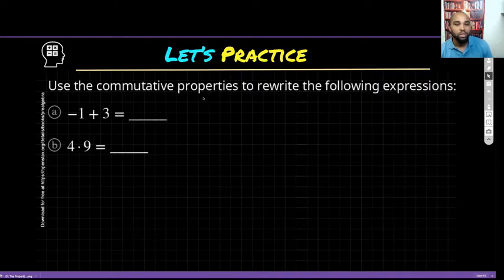All right, so let's use the commutative properties to rewrite these expressions. So rewriting this will give us 3 minus 1. And this one will be 9 times 4. And we know that because we're adding and multiplying, it's going to equal the same thing.